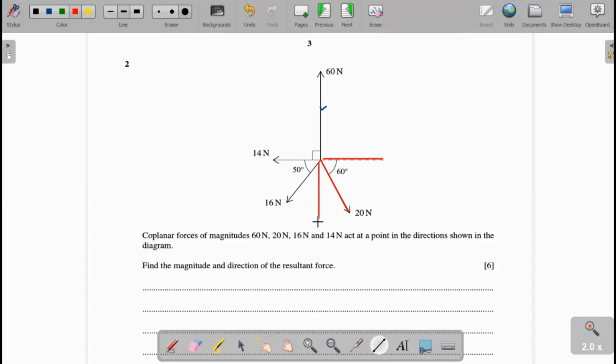The horizontal component of the force will be equal to F, this F is 20 Newton, that is 20 Newton cos 60. This is 20 cos 60 degrees, the horizontal component of 20 Newton. And same as we find the vertical component, that is equal to 20 into sine 60 degree.